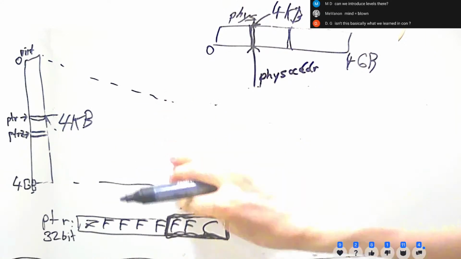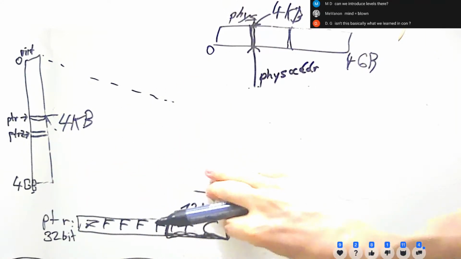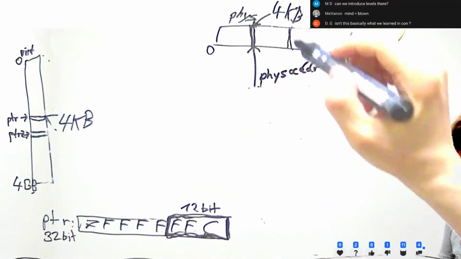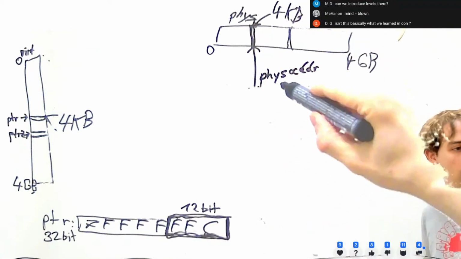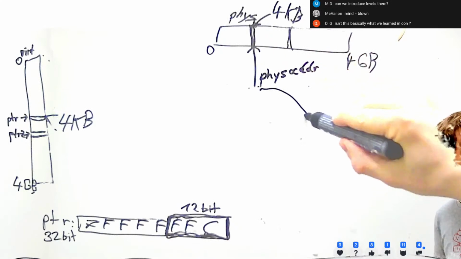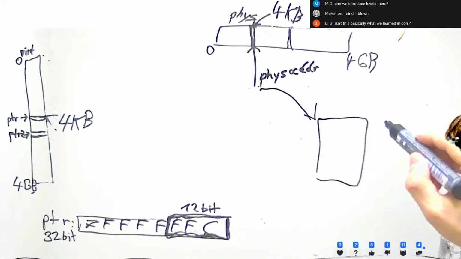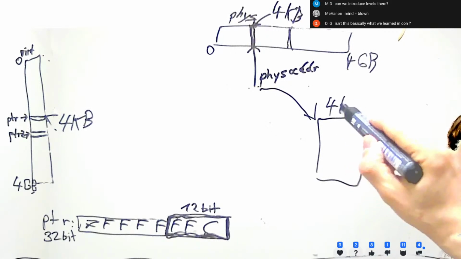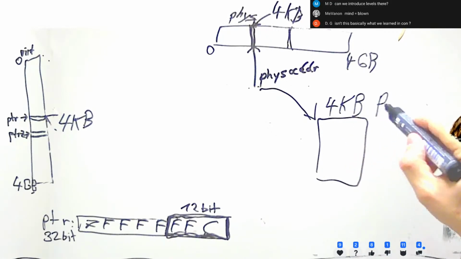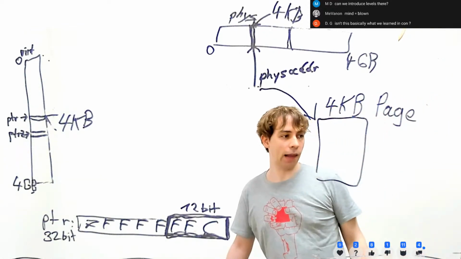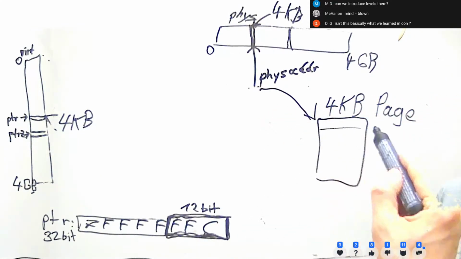Maybe I want to illustrate this a bit nicer. And this 4 kilobyte page here, let me illustrate this also here. This is a 4 kilobyte page. Okay. And this has a lot of bytes.